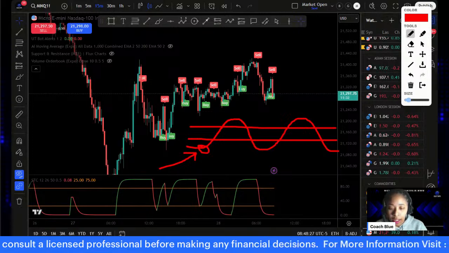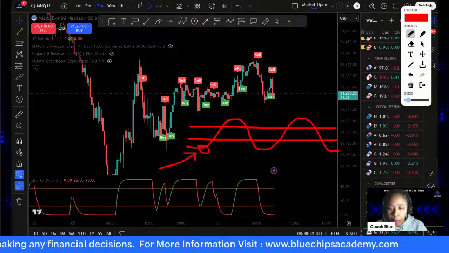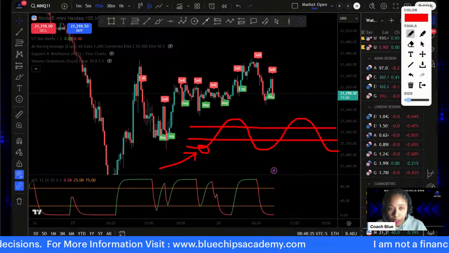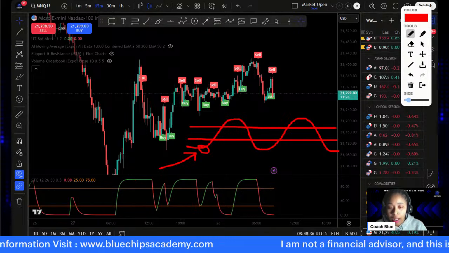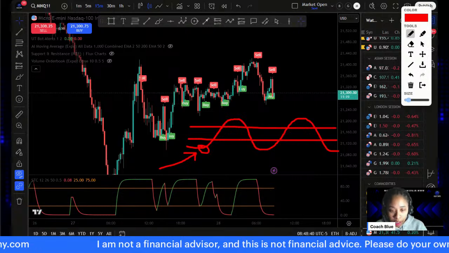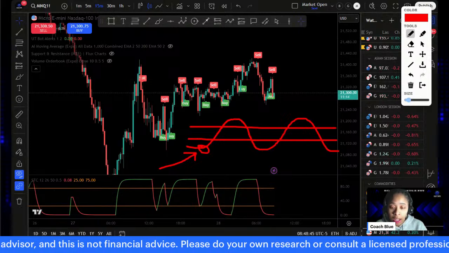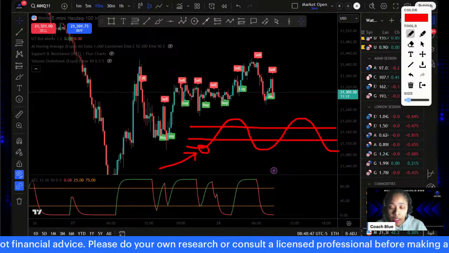So in this case, we're expecting when we're at the bottom of the STC for price to go up. Now, it doesn't always happen instantly, but eventually price corrects itself. So we have to be optimistic about that and also objective about the direction.